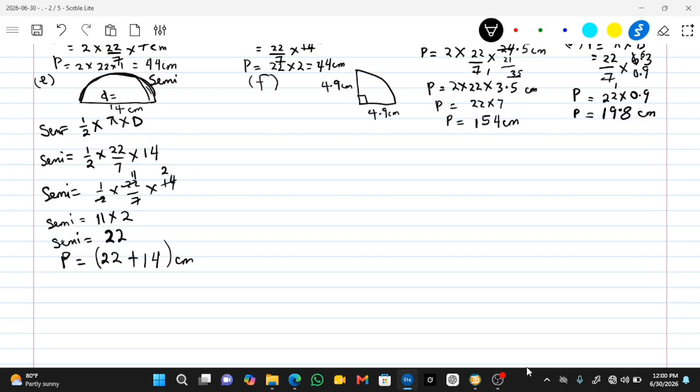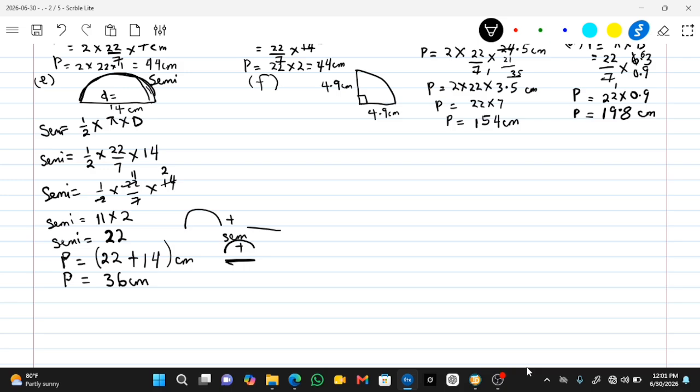So the perimeter will give us 36 centimeters. So the perimeter is this semi plus this line down here.